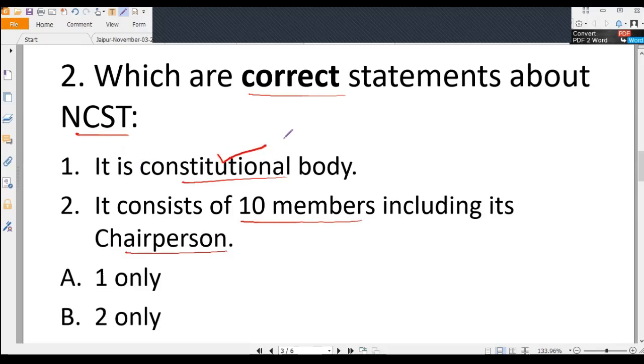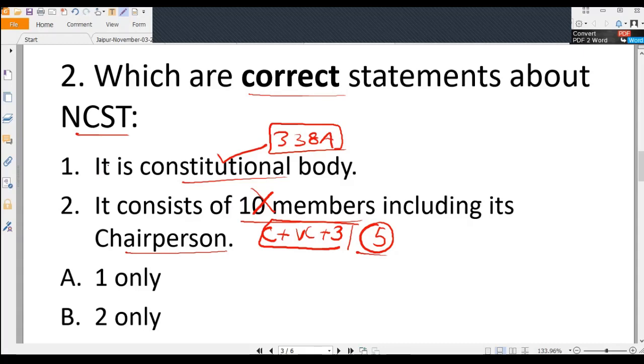Yes, under Article 338A. It consists of 10 members. No, that is incorrect because it consists of a chairperson, vice chairperson plus 3 members. So a total of 5, not 10. So again, one only is the right answer.